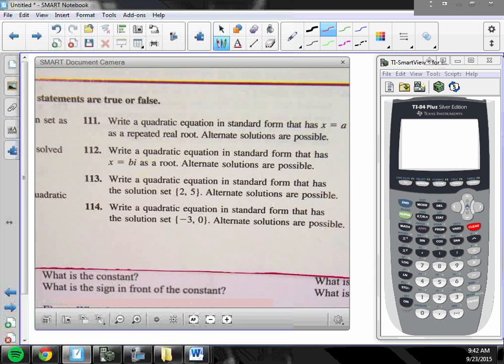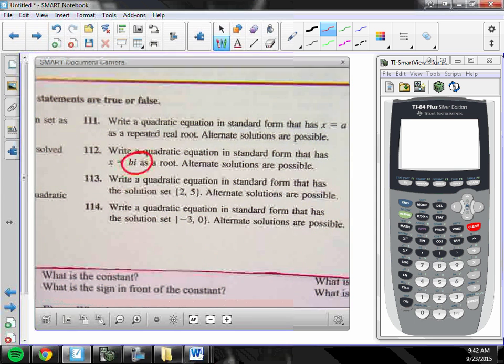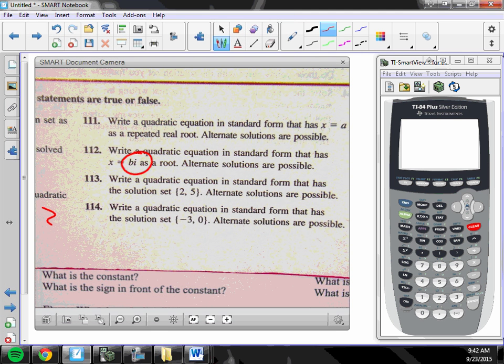Number 112 is actually worth talking about. If bi is one of the roots, what is the other root? What is one thing that always happens when you have two imaginary roots? Can you have 3i as a root and 6i as a root?